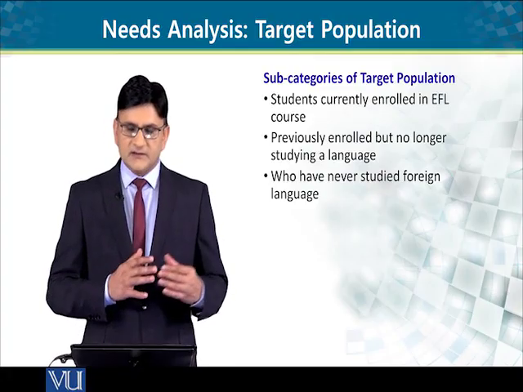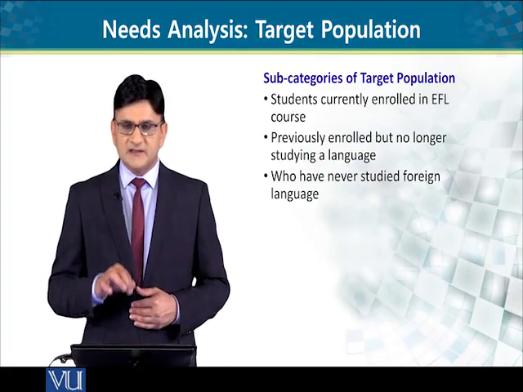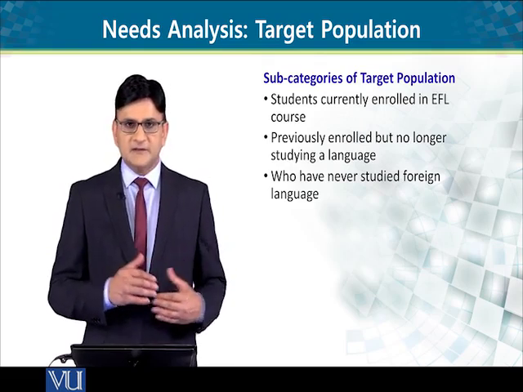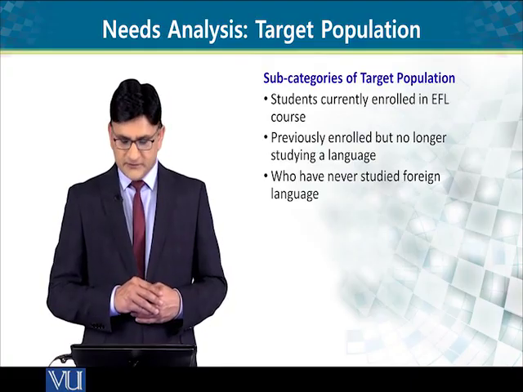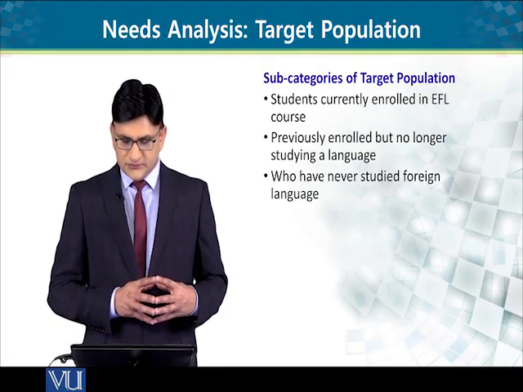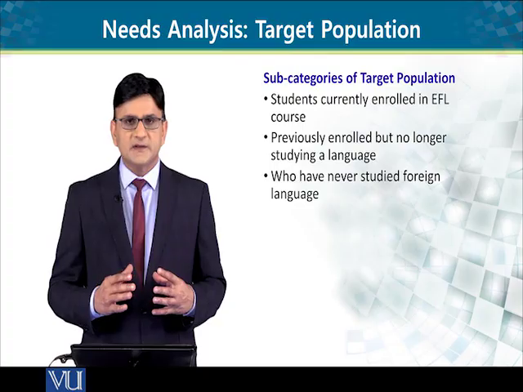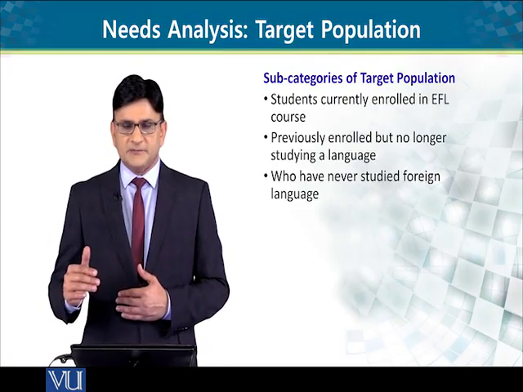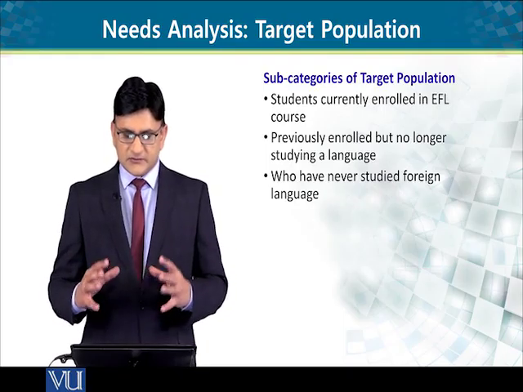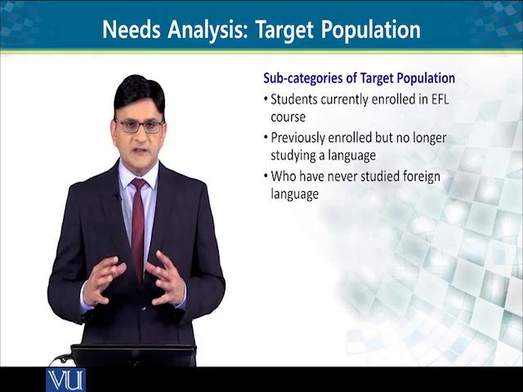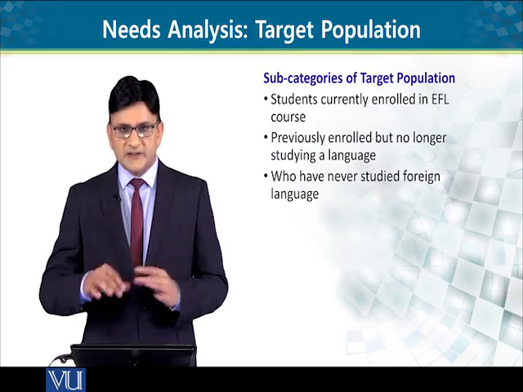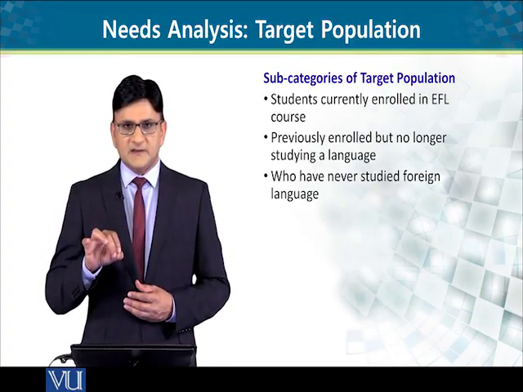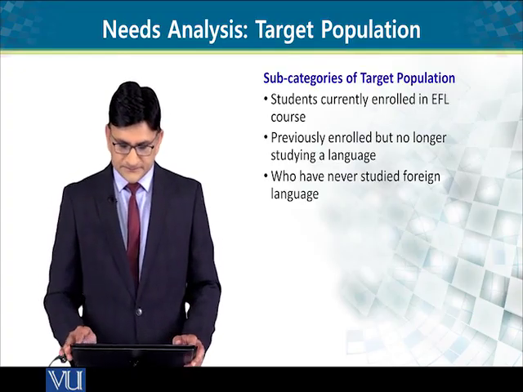For example, the students currently studying a program, or who previously studied but are no longer attending the program. And then we've got the students who have never been the target population of our program. So this is important, not to ignore any of the categories while targeting a specific population, right?